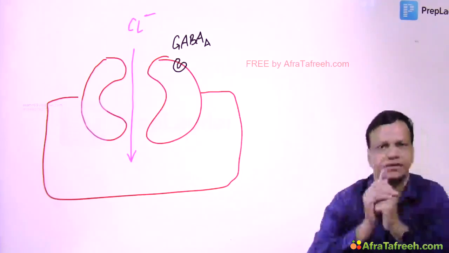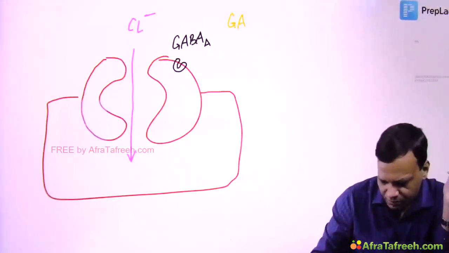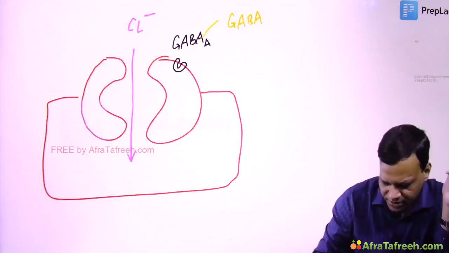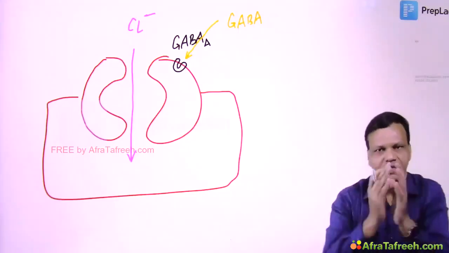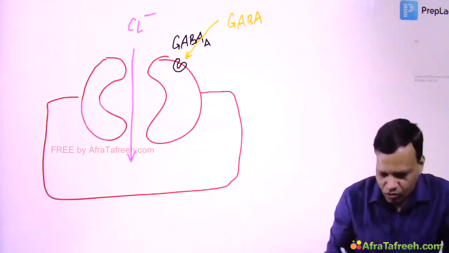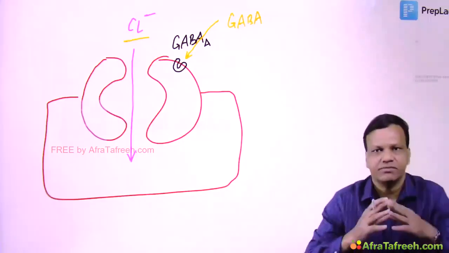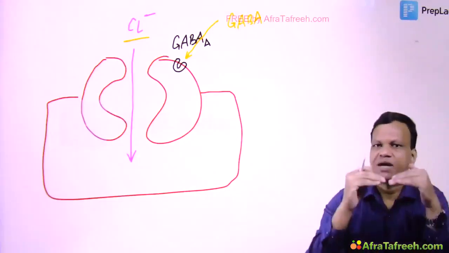GABA A receptor. So how GABA works is, whenever GABA comes in the brain, it stimulates this receptor, the GABA A receptor. And whenever it binds to GABA A, it will open the channel. And when the channel opens, chloride enters. And we know chloride is a negatively charged ion. So when negative charge enters inside the cell, the membrane potential will start becoming negative.